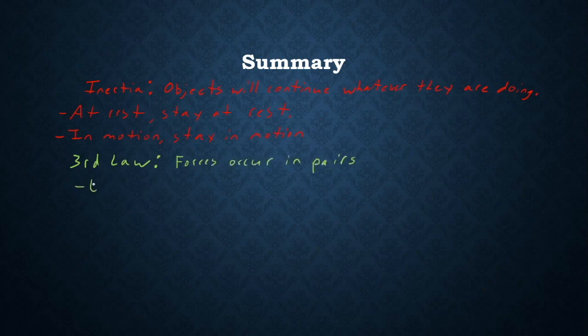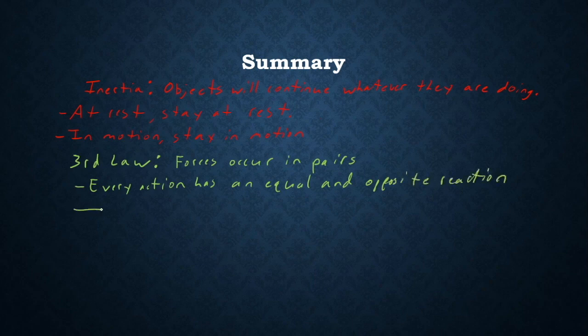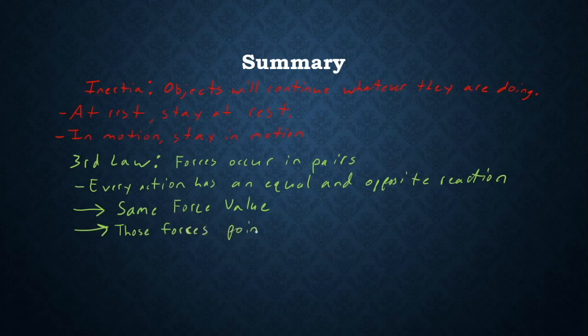Basically, that's just telling us that forces occur in pairs. Those forces that occur in pairs have the same force value. The only thing that's different is the direction that that force is pointing in, and they're pointed in opposite directions.